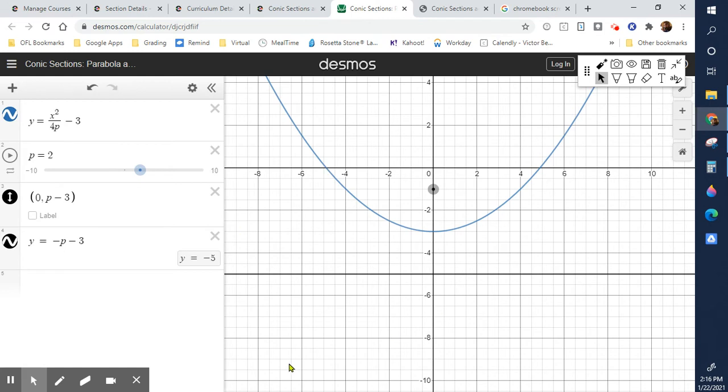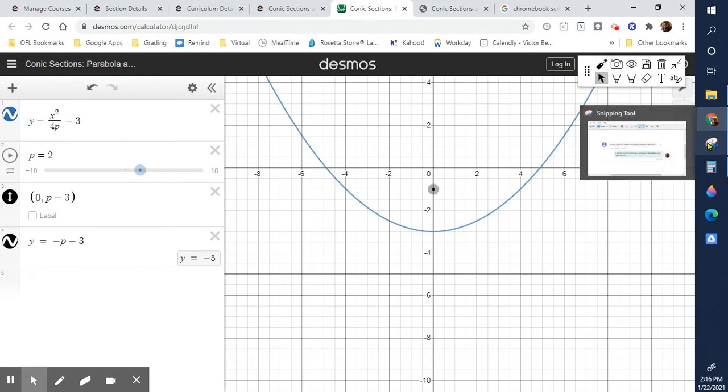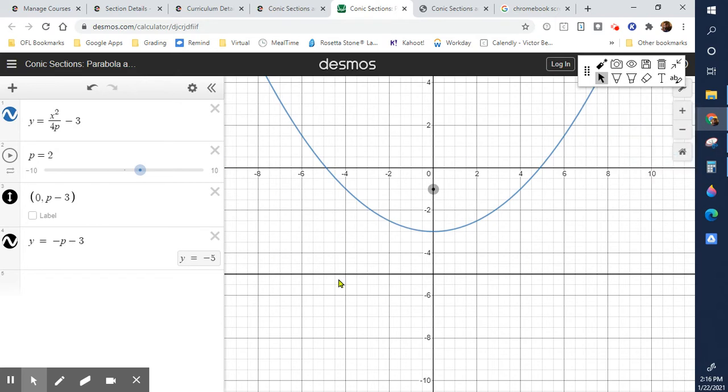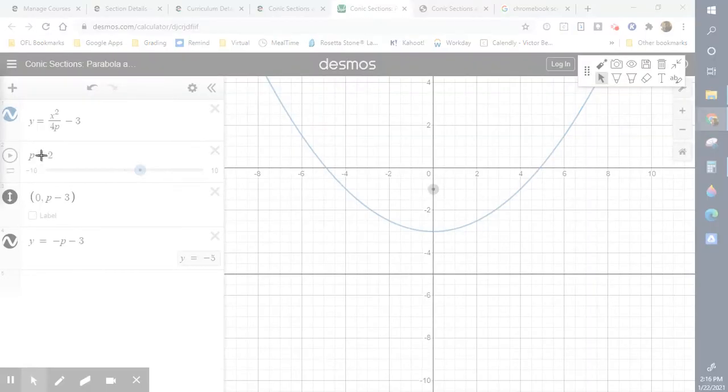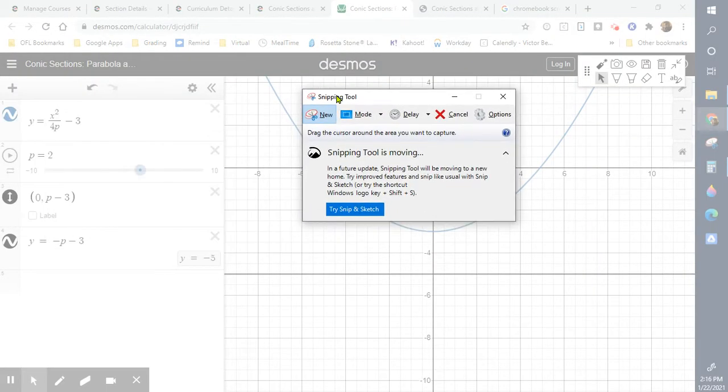I'm on a Windows 10 computer, so I use this little snipping tool. Or you can print screen and paste it onto something else. Or you can take a picture with your phone. I'm going to snip. So what happens when we snip is we get this little tool when we open it up.